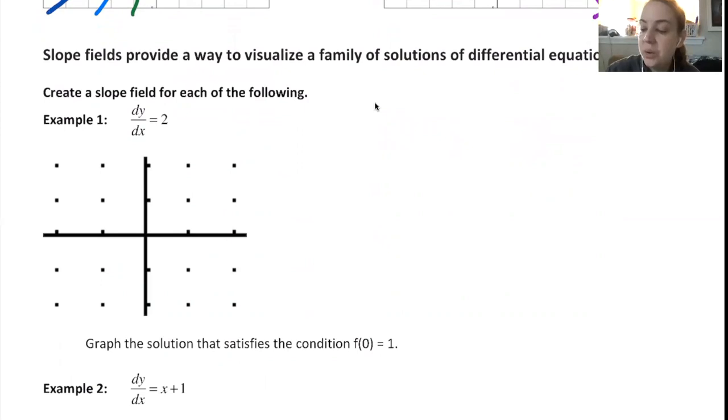And what I need to do is draw a slope of 2 at every single one of those points indicated. So my slope of 2, just as a reminder, maybe up 2, right 1 should be about that steep. Slope of 2, slope of 2, slope of 2.